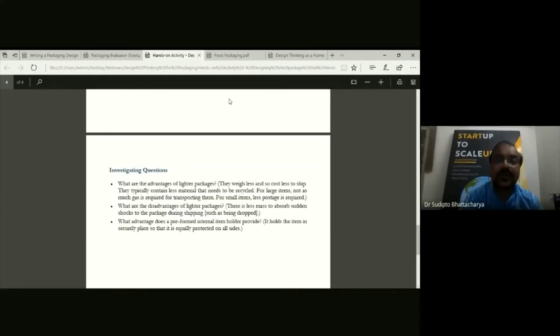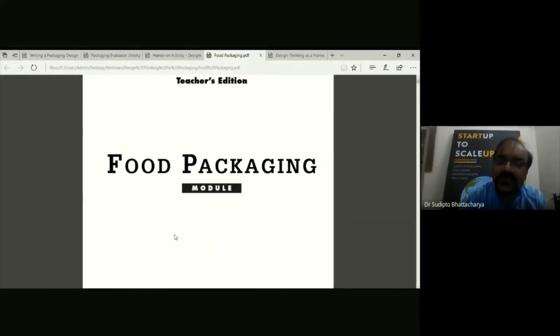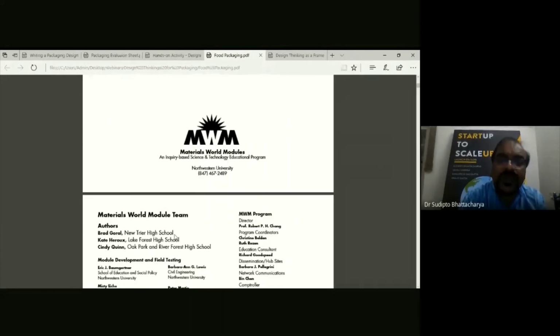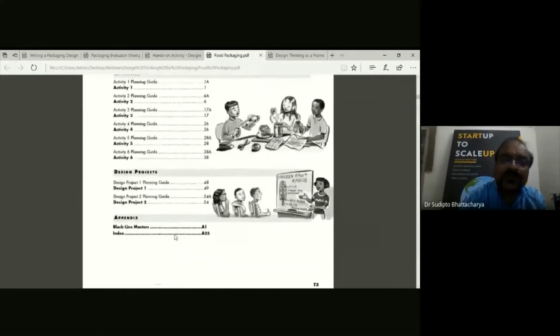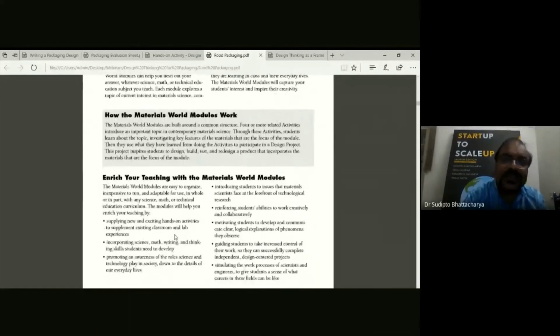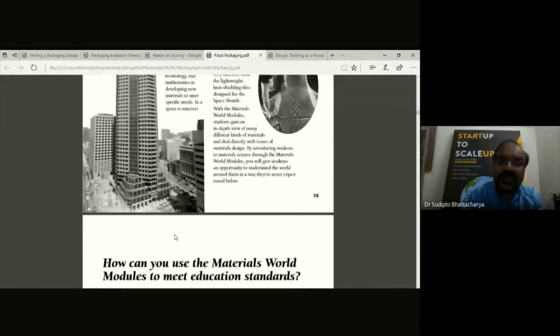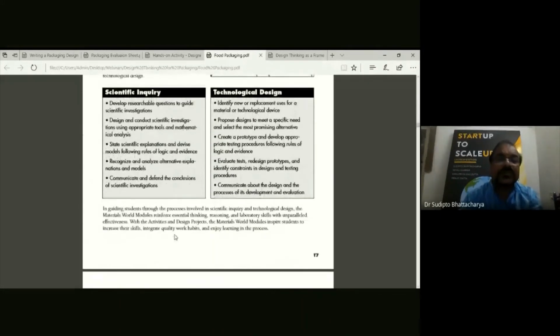So coming back to the module, this is a very good reading material. While I was researching, I got this from Materials World Modules, and here you have specific things with activities in it which will enrich your thinking, design thinking concepts, and using them as a part. So if you see this, there is something called technological design and the scientific inquiry you do.